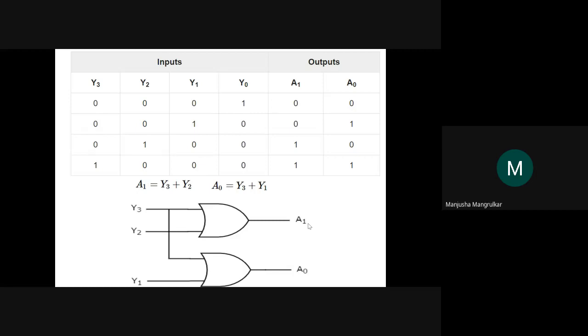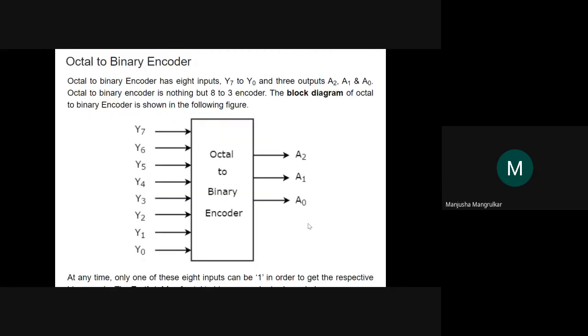Nowadays this is the AND gate circuit, but nowadays ICs of decoder and encoder are available. Similarly, we'll see the octal, 8 inputs. So 8 inputs means Y0 to Y7. And how many outputs will we get? 8 inputs. 2 to the power n is equal to 8.